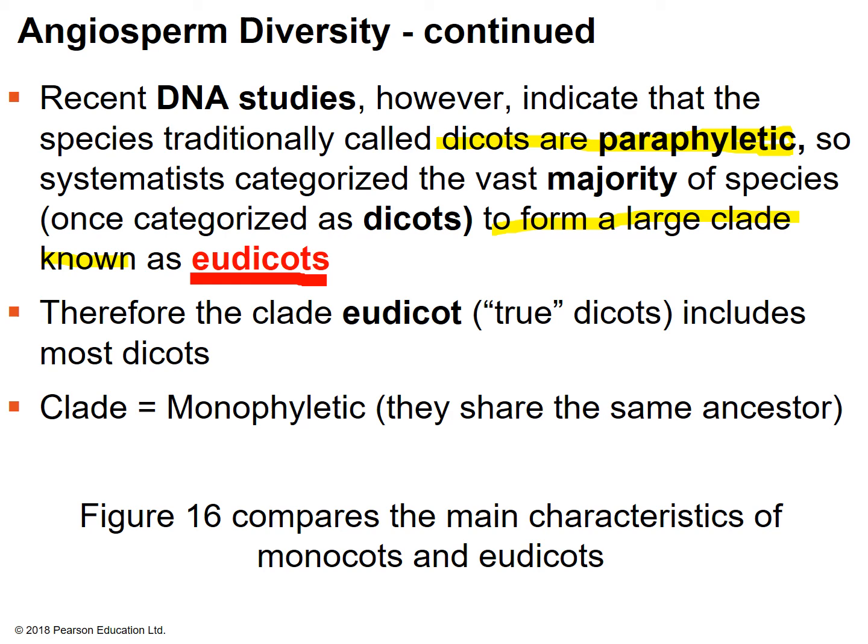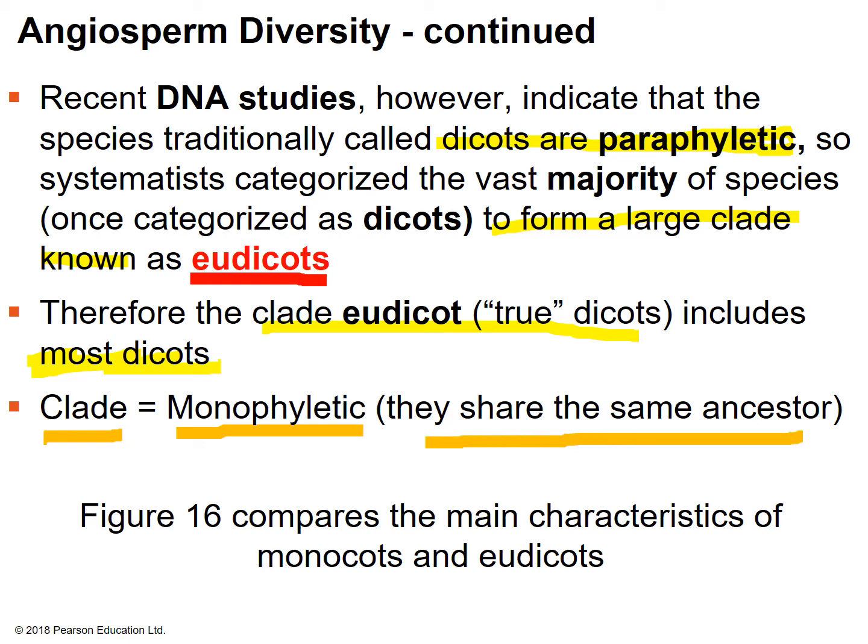Therefore, the clade eudicots, true dicots, includes most dicots. Remember that a clade is equivalent to monophyletic, that's to say those organisms share one common ancestor. Figure 16 compares the main characteristics of monocots and eudicots.